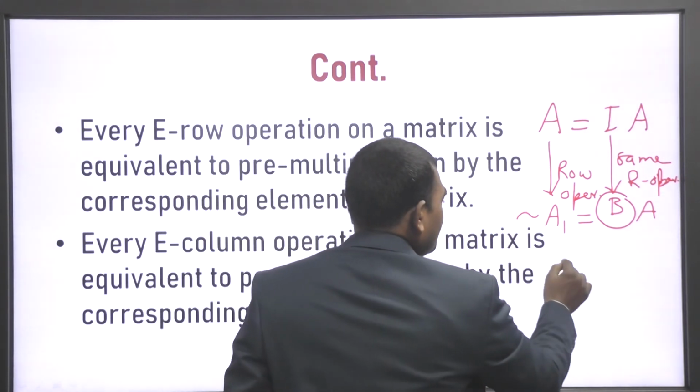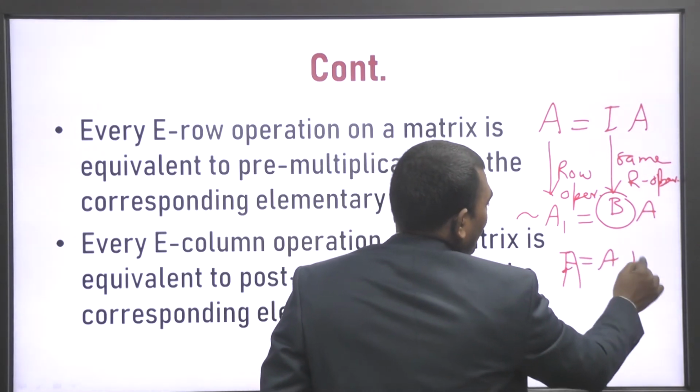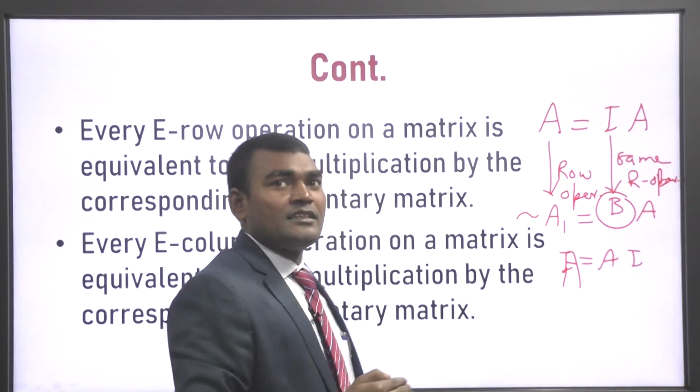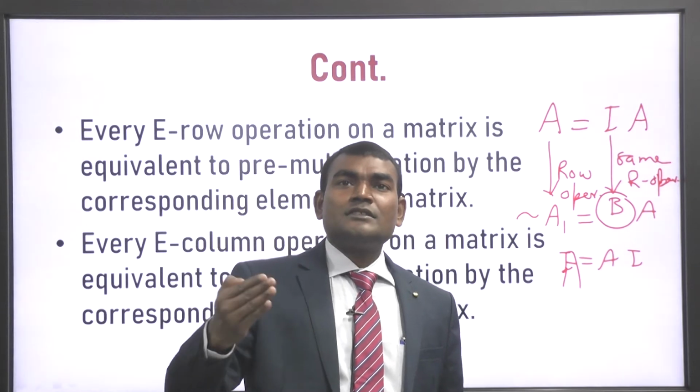In the second point, suppose A is equal to A into I, meaning you multiply by the identity matrix on the right, so I is the post factor.